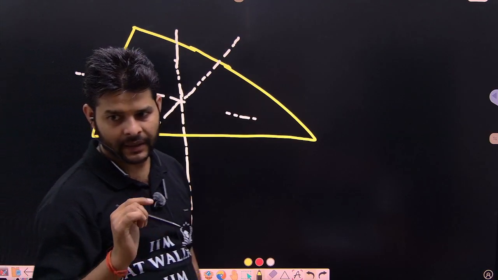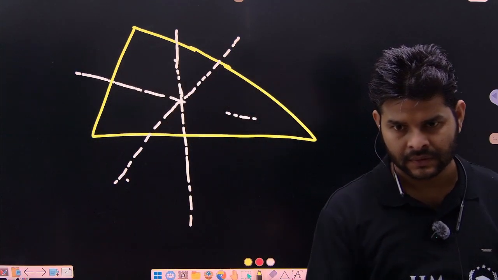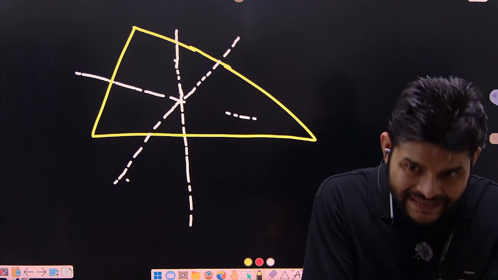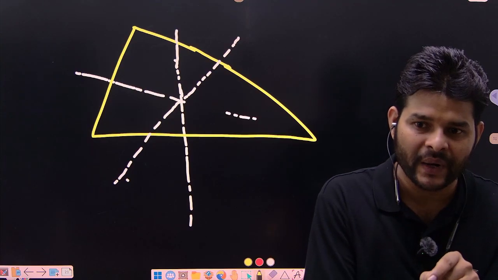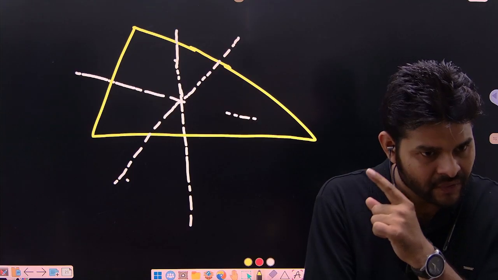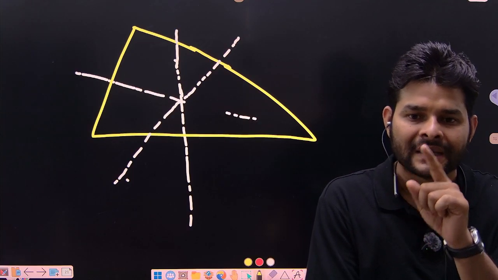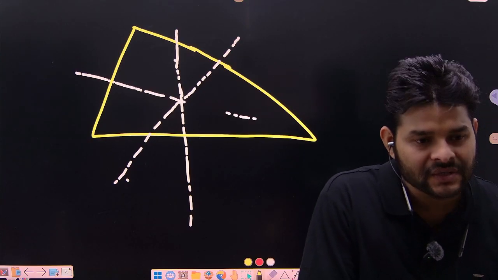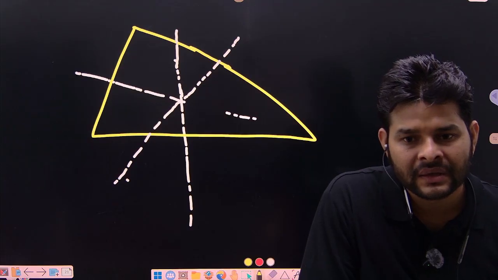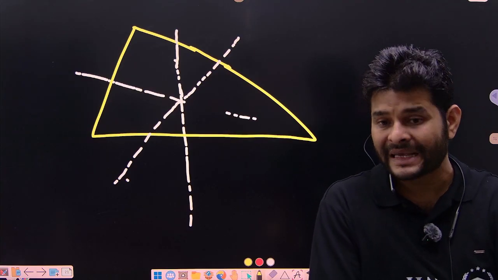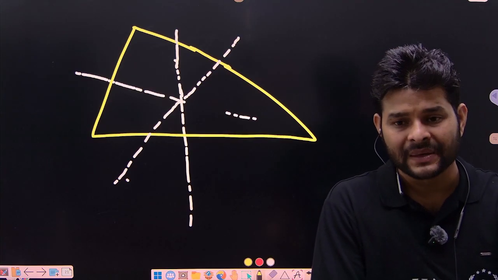Exactly, not angle bisector. So where all the perpendicular bisectors meet each other, this point is taken as the center of a circle, and whatever circle is drawn, this circle is called the circumcircle, and the radius of this circle is called the circumcircle radius. So this is the biggest difference between incircle radius and circumcircle radius.